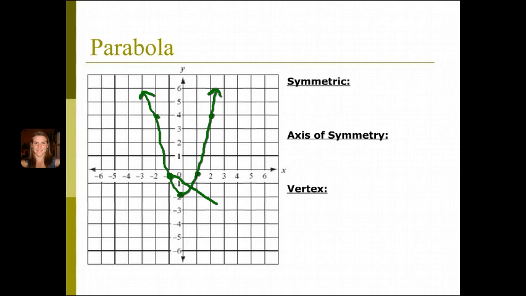For something to be symmetric, it means that it looks the same on both sides.